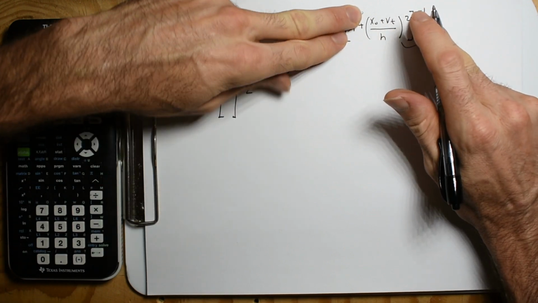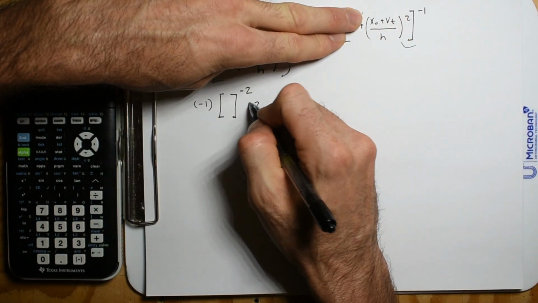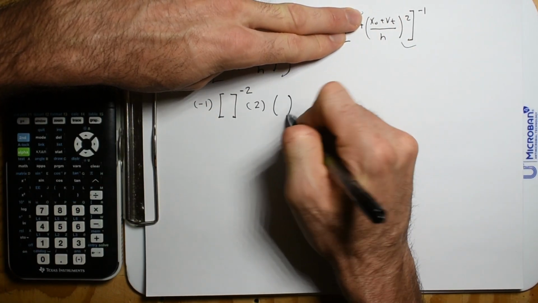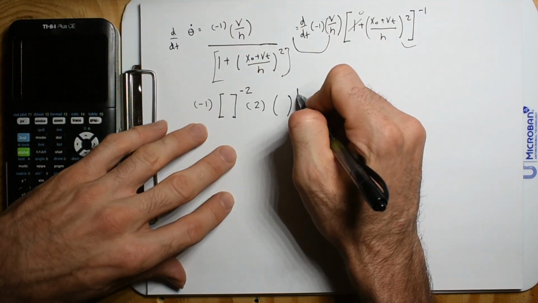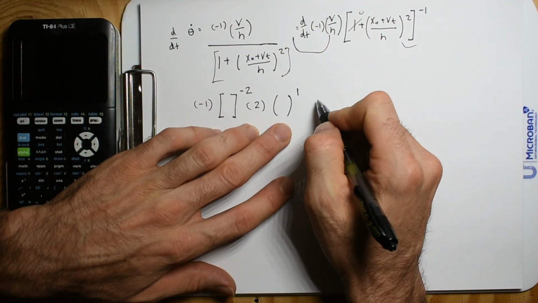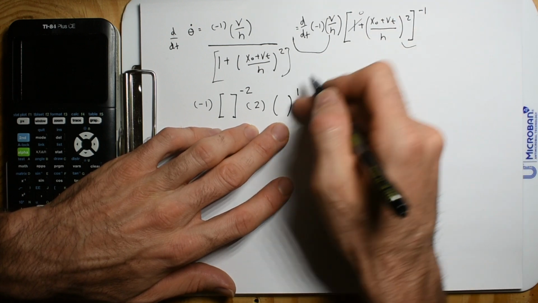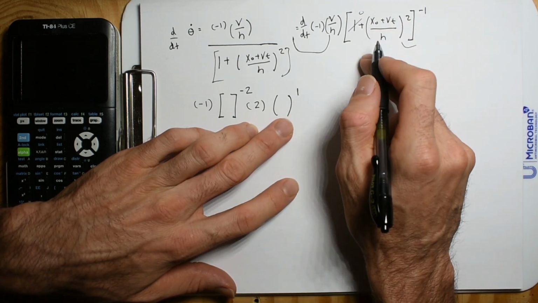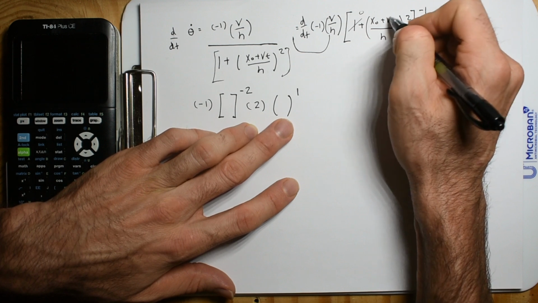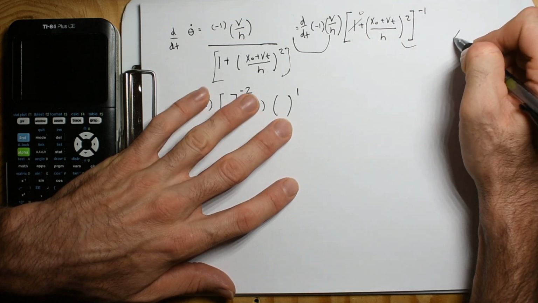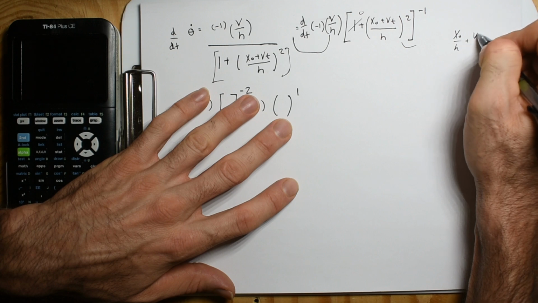But now I need to differentiate that. I bring the 2 down, and I still multiply by all this on the inside, to the power of 1. Then I multiply by the differential of the inside, and that's just v over h. Can't mess that up, because it's x naught over h plus v over h.